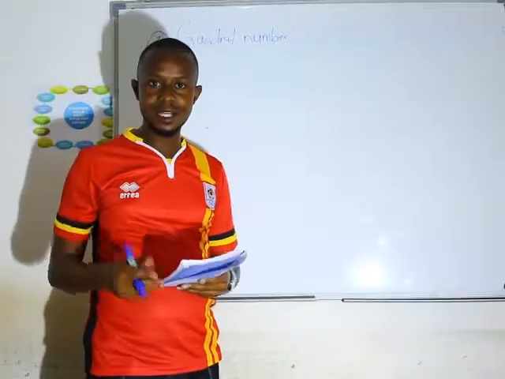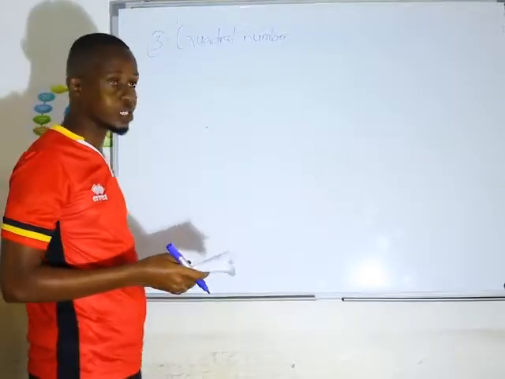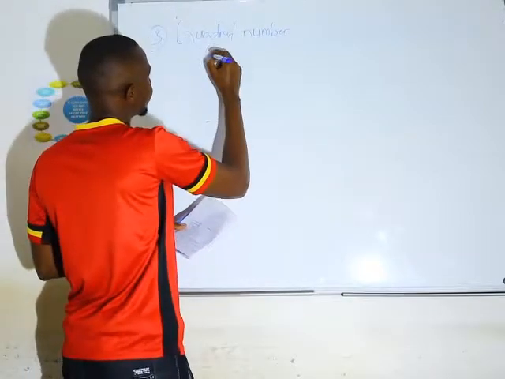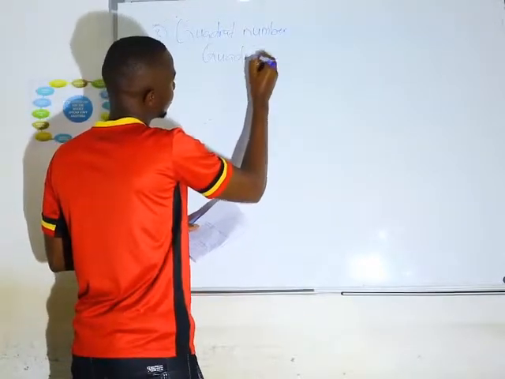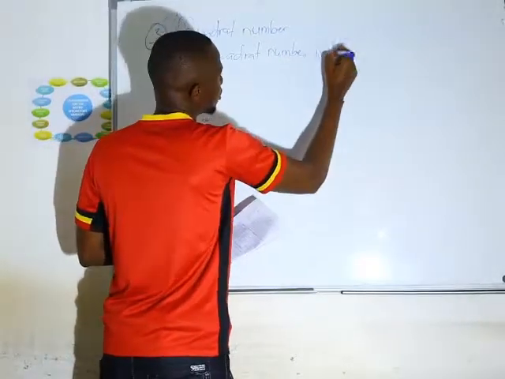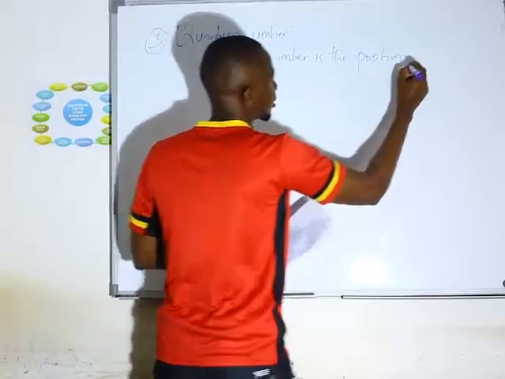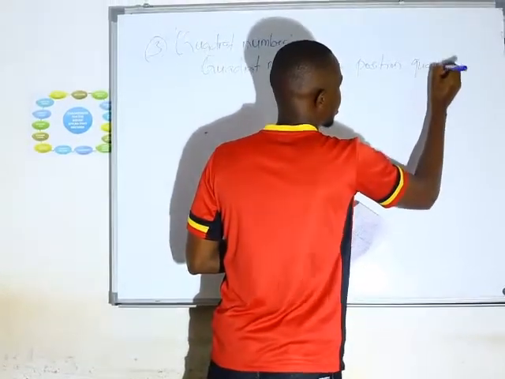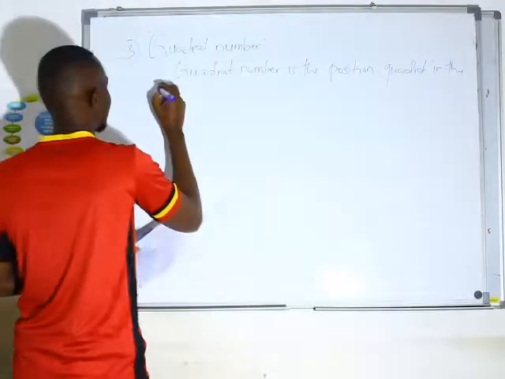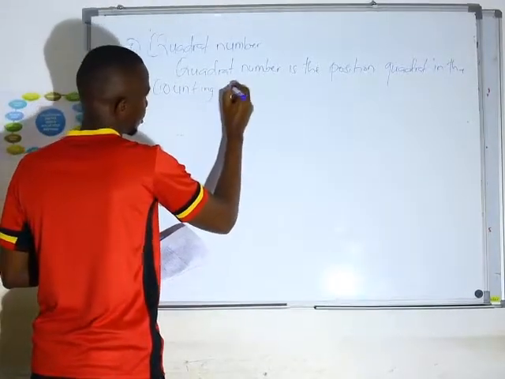A quadrant number is the position of a quadrant in the counting system.